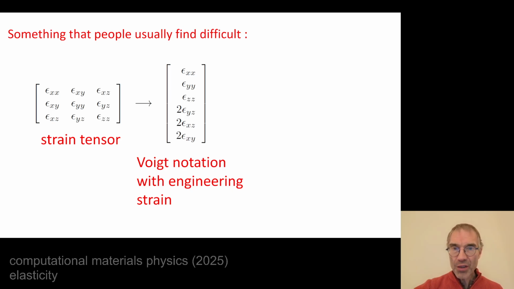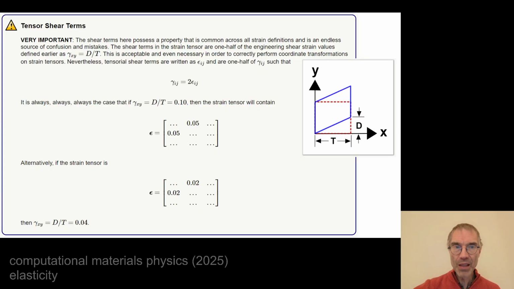Well, I mentioned we have these factors 2 in the Voigt notation, and I want here to illustrate that this is a necessity, that this is not just a notational agreement, or that this is not there for historical reasons. No, this factor 2 needs to be there.